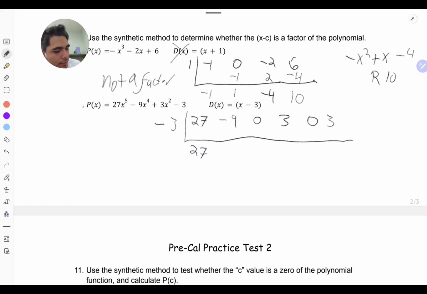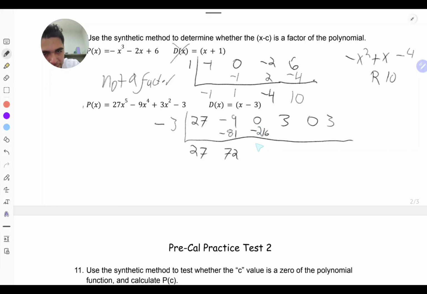What is 27 times 3? 27 times 3 is just equal to 81. So that's negative 81. Negative 9 minus negative 81 gives us a number of 72. Okay, so 72 times negative 3 gives us negative 216.